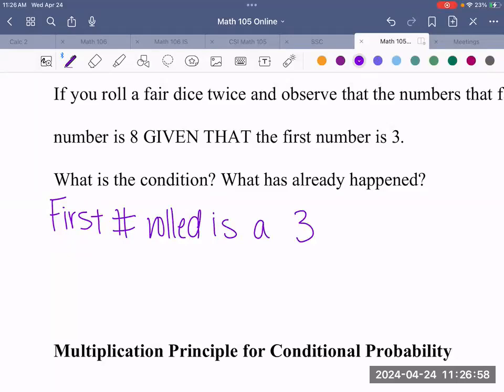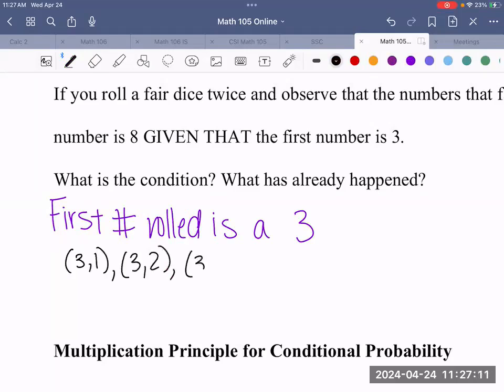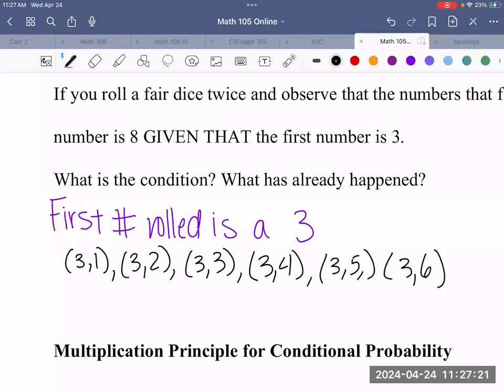What would that look like as a set? Well, we can have 3 and 1, 3 and 2, 3 and 3, 3 and 4, 3 and 5, and 3 and 6.